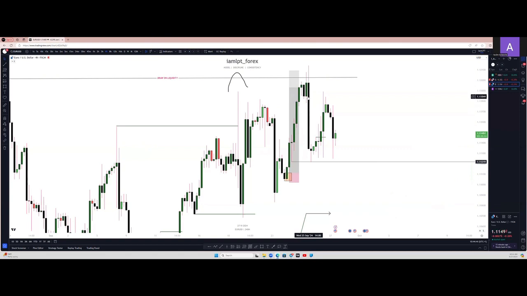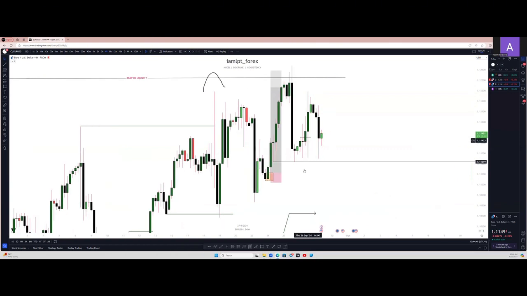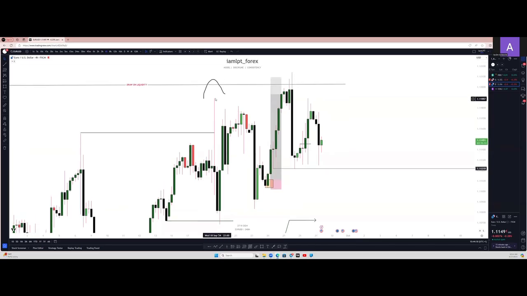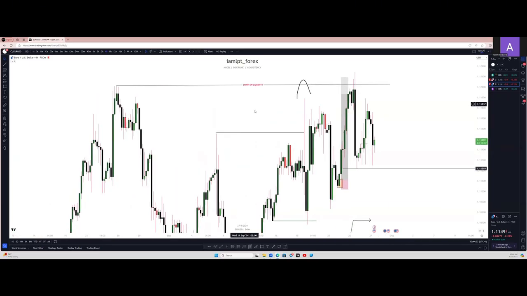This is another reference point. Because why? From what I explained, when markets seek liquidity, look at the amount of liquidity that was there. We have this particular high, right? Draw on liquidity. At the same time, we have another high here. We are going to understand the candle that actually did all this job. You need to understand what happened at this high, right? Another high here, another draw on liquidity.